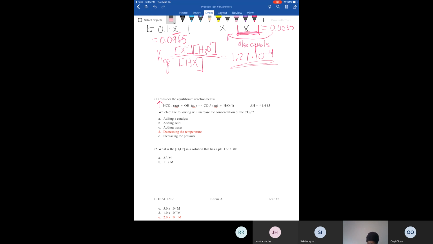This is like flipping it. See how CO3 minus and H2O produces OH minus? So that means this is a base.